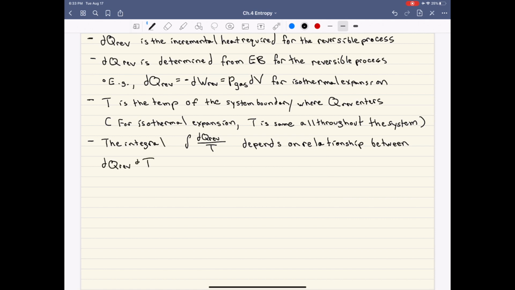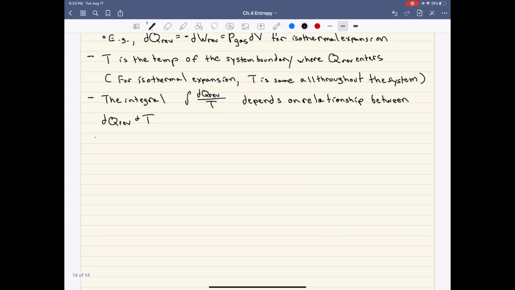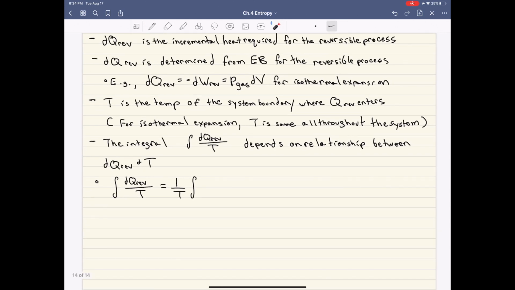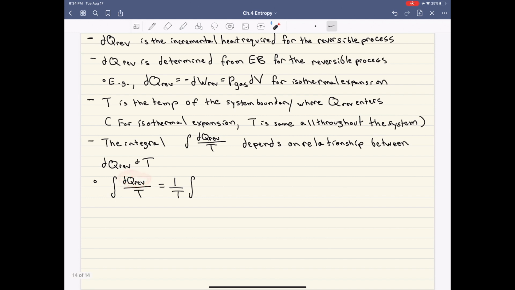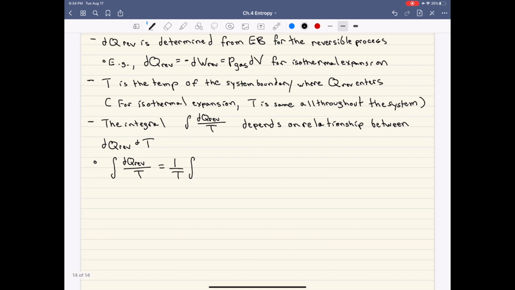Okay? And so for example, if I go back to the isothermal expansion, I have dq rev here divided by t, right? Temperature, it's isothermal, temperature is going to be constant, so I could pull it outside of that integral. And then I know that dq rev for the reversible isothermal expansion is equal to just p gas dv.